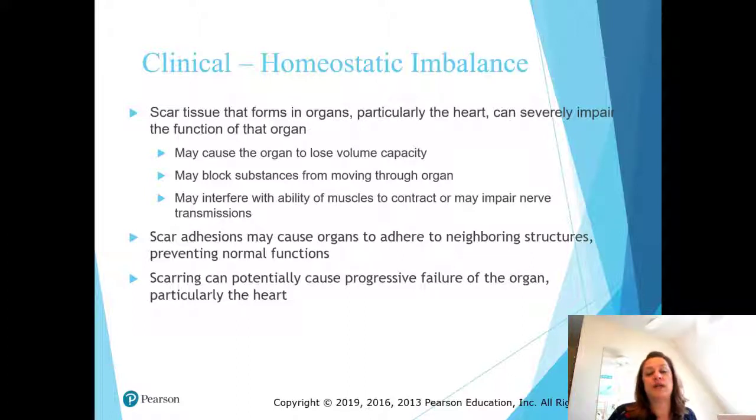Scars and adhesions: if you tear something or have some sort of surgery in your abdomen and you get an adhesion, as the tissue is healing, maybe there's a scar. Maybe that scar grabs onto another organ and then it starts to twist. So we need to know about tissue repair when we are trying to figure out from a clinical standpoint what might be going on with the patient.